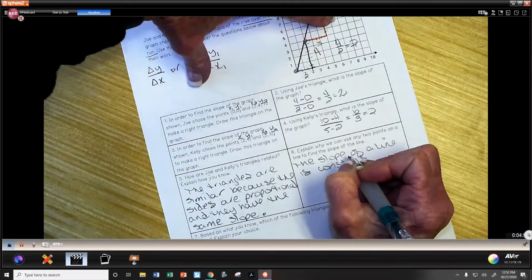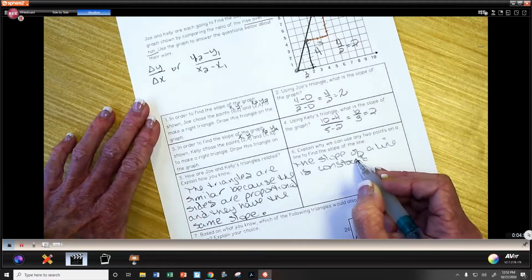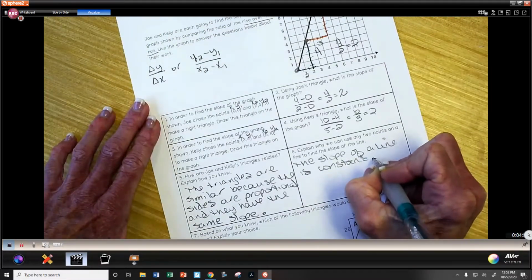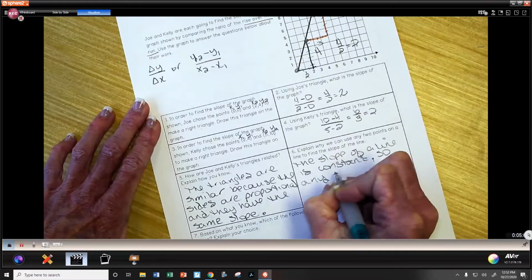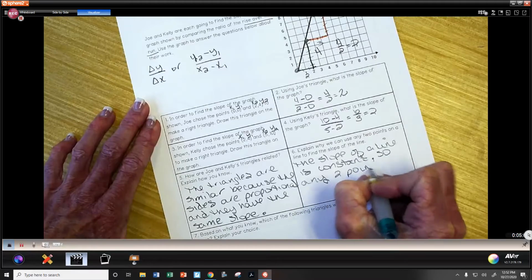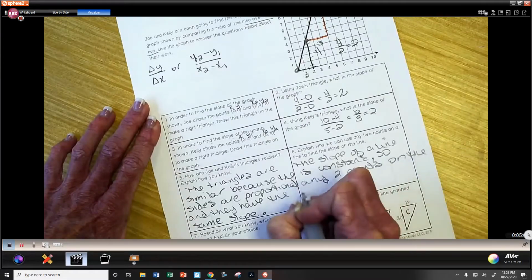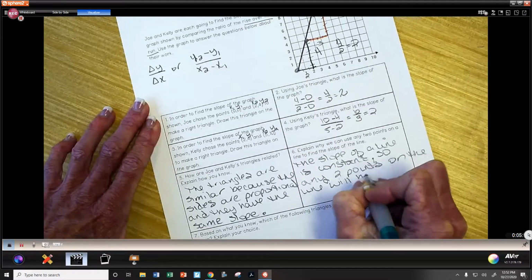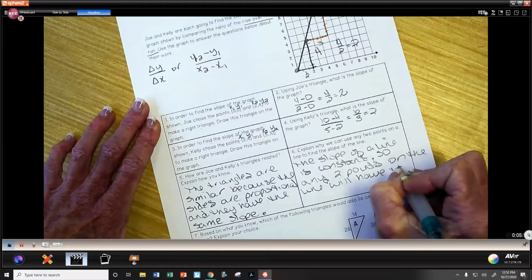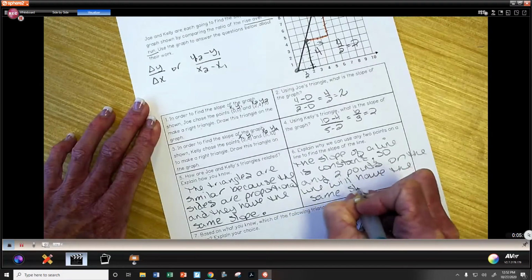It didn't go all wonky like this. Okay, so it's constant. So any 2 points on the line will have the same slope.